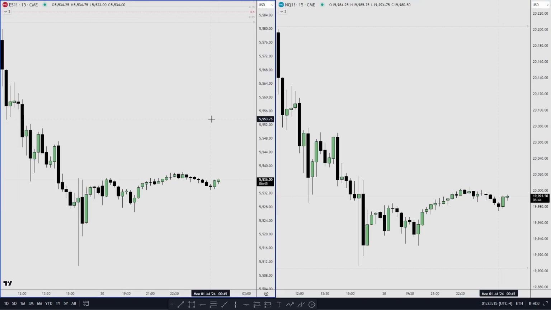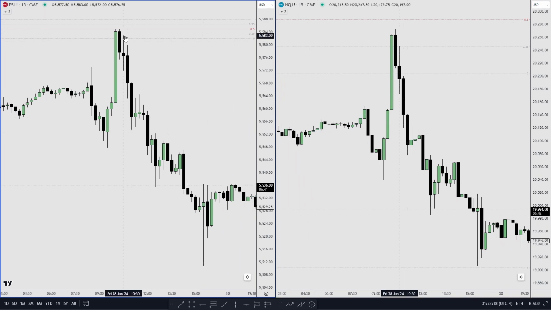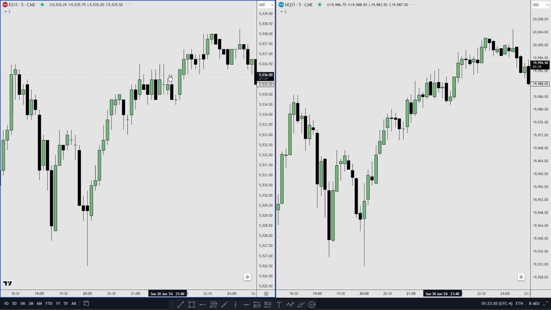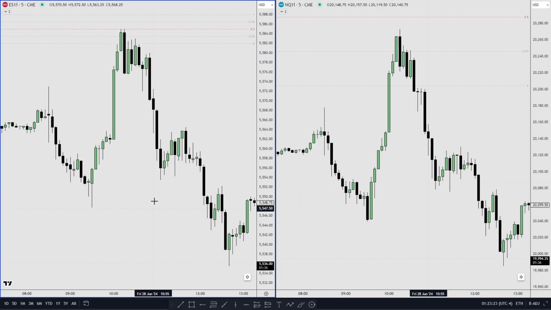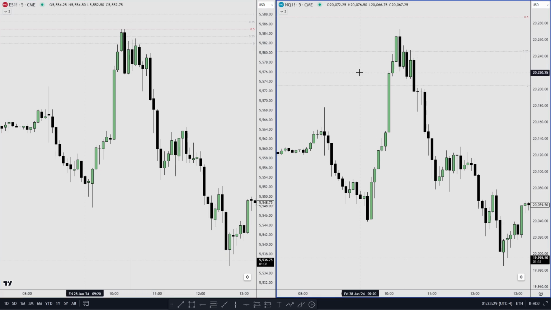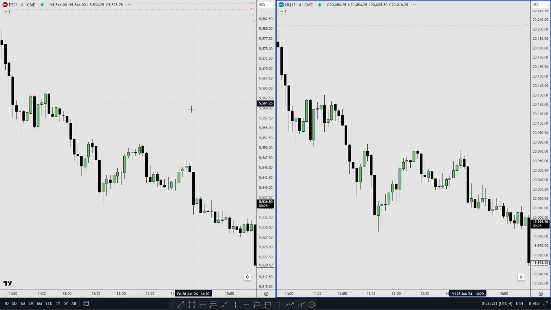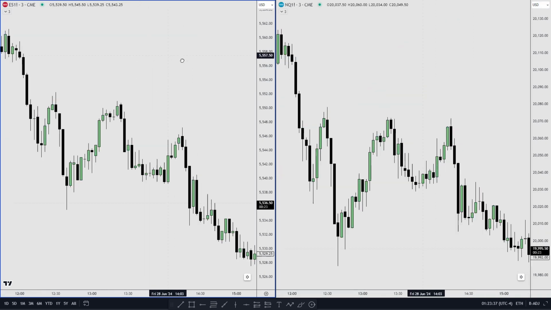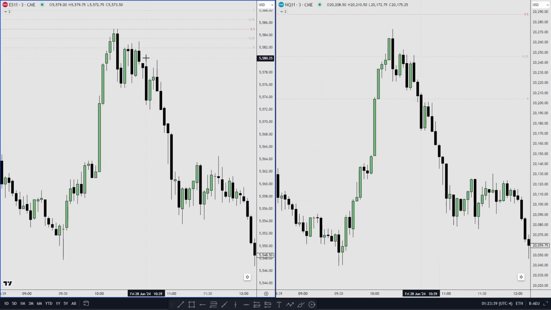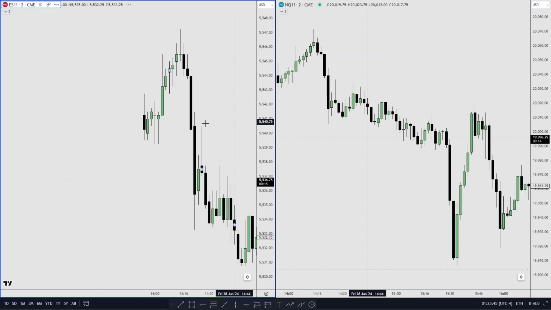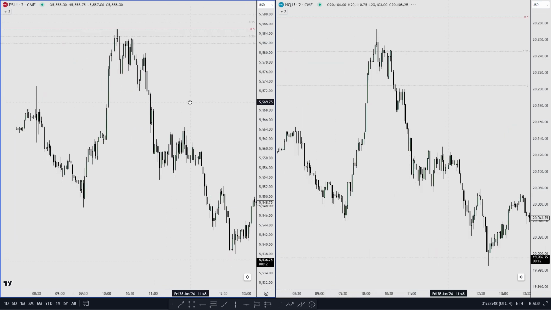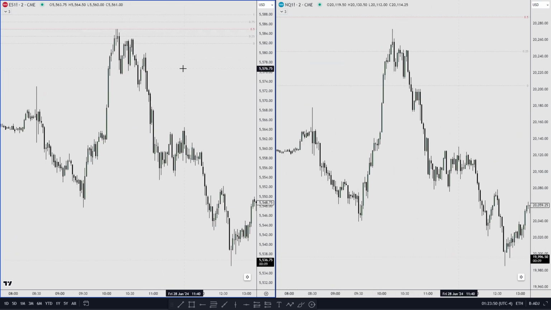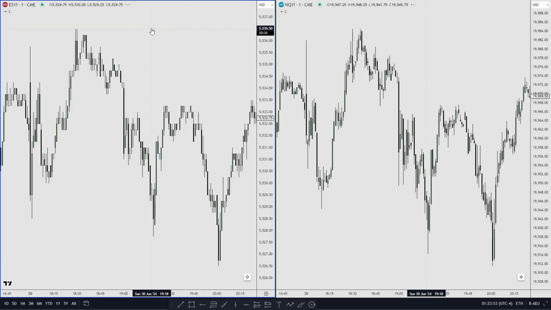Right, on the 15 minutes, let's take a look and see if it provides anything. No. 5 minutes, let's take a look. 5 minutes, no SMTs as well, right? Comparing these highs here. 4 minutes, no SMTs. 3 minutes, no SMTs. 2 minutes, same thing here, and lastly the 1 minute.